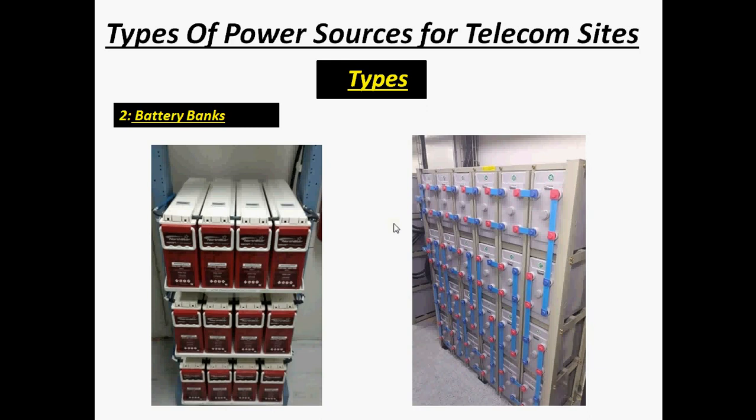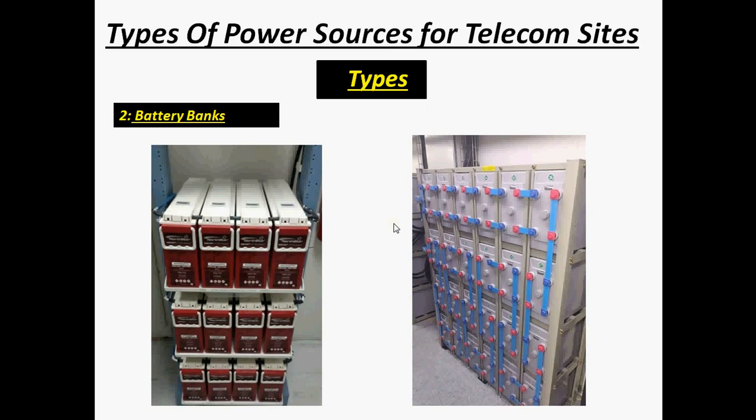Number two is battery banks. Battery banks, battery strings or power plants are the same thing. Different types of battery banks or power strings are used according to site requirement.